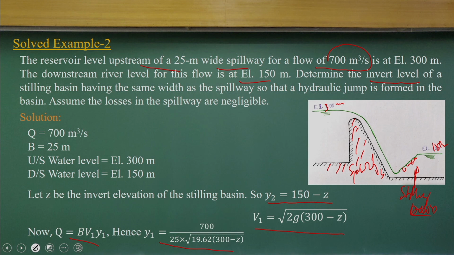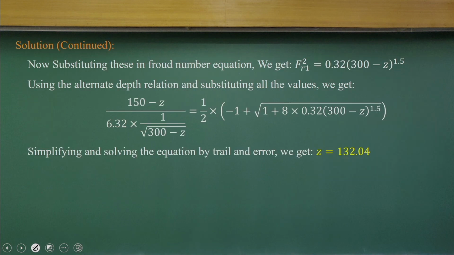Because you know this V1, you can compute Y1 in terms of Z. Then we substitute the relations in a similar way: the upstream flow Froude number we can write in terms of the V1 velocity, and we can have a relationship between Y2 by Y1, and that gives us a relationship with the Froude number.